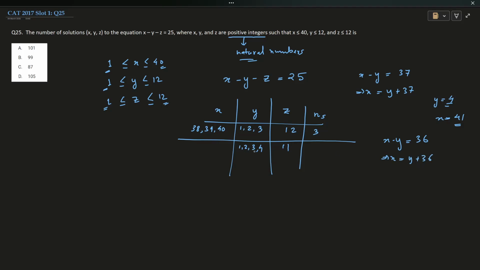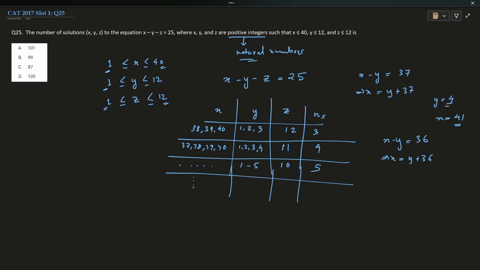So y can be from 1 to 4, and the corresponding values of x will be 37, 38, 39, 40. How many solutions? 4. Likewise, when this becomes 10, I will have 1 to 5. Similarly, I will have 5 values of x here, right? And it will go like this till when? Till when, guys? Let's see.